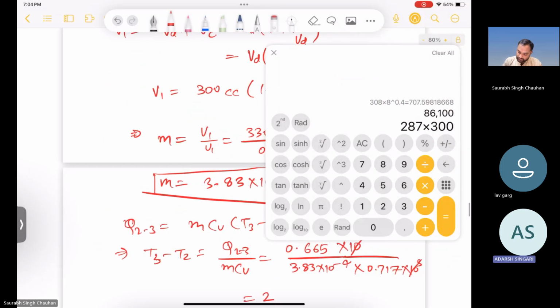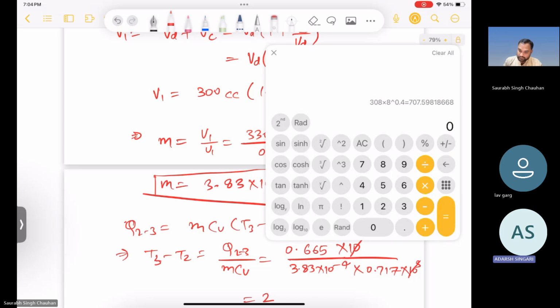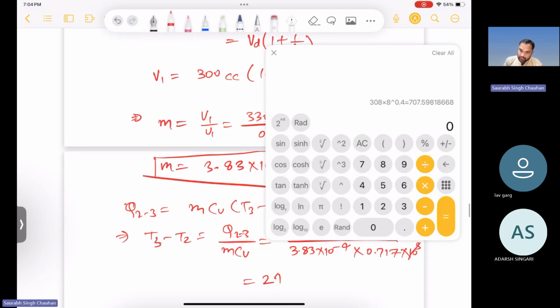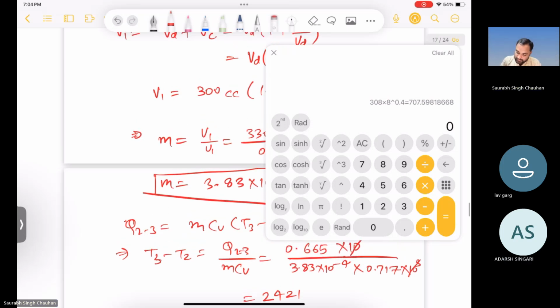So the answer is about 2421.6. Let us just cross-check: 0.665 divided by 3.83 into 10 to the power minus 4, into 0.717 into 10 to the 3.